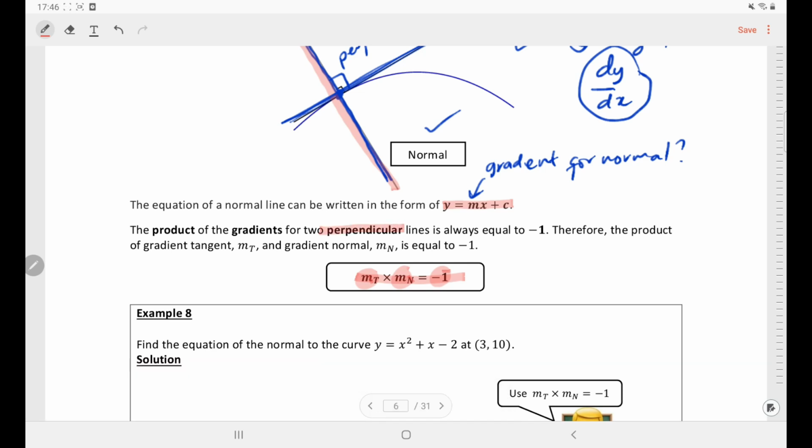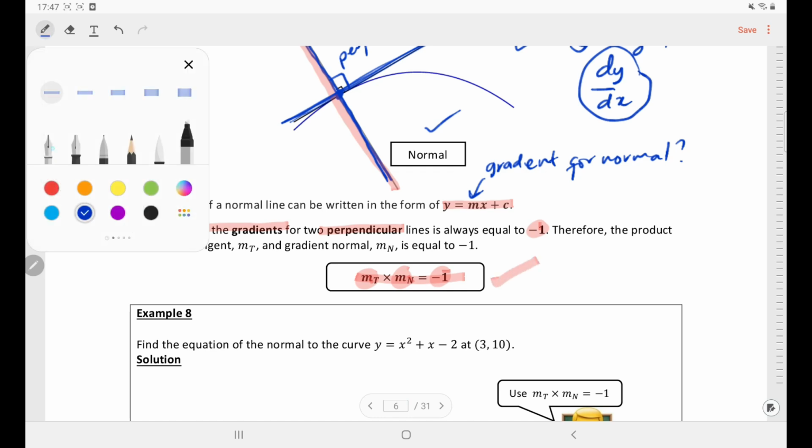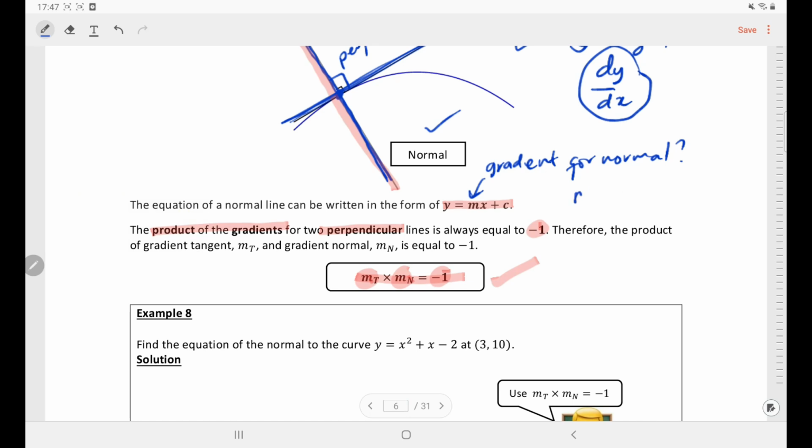Kena ingat apabila ada dua garisan yang perpendicular, apabila kita darab dia, hasil dia mesti -1. Okey, bermaksud kita akan guna formula ni untuk mencari gradient of normal.